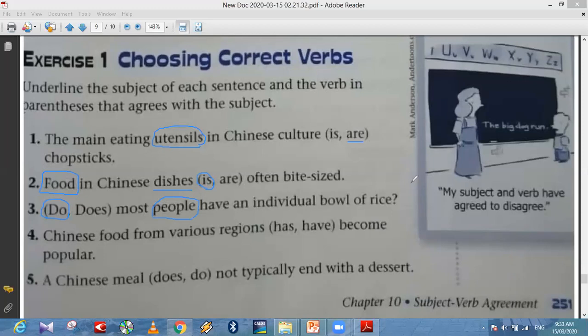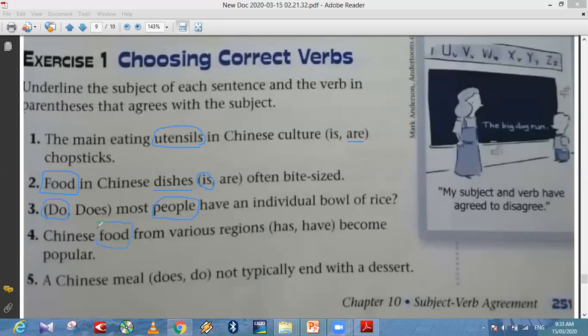Okay, Mustafa. Chinese foods from various regions has or have become popular. So what is the simple subject, Mustafa? The simple subject is Chinese food. Chinese food or Chinese? Which one? Food. Food, that's right.